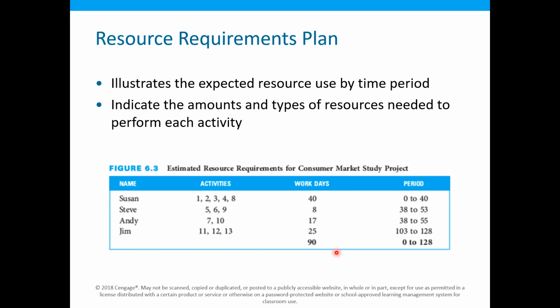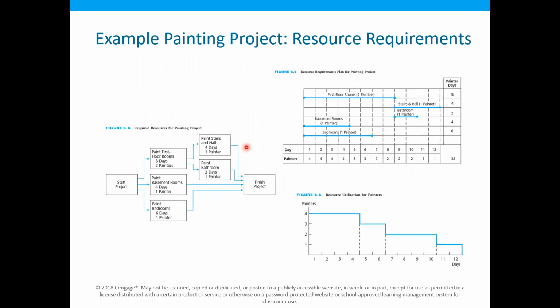Okay, so as an example, just look at this chart. We have considered this chart for this project, and we have seen that 4 resources are needed, and then 3, and then 2, and then 1.